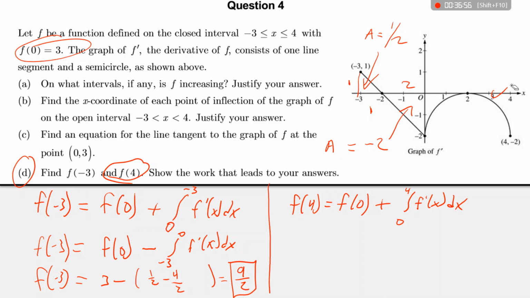So what I'm going to do is take this whole box here, and subtract the semicircle from the box. That semicircle has a radius of 2. So the area of a circle with a radius of 2 would be 4 pi, and this is half of that, so this is 2 pi, my area here for the semicircle.